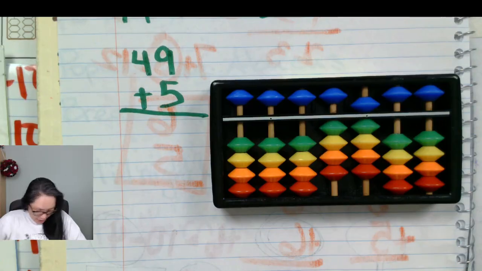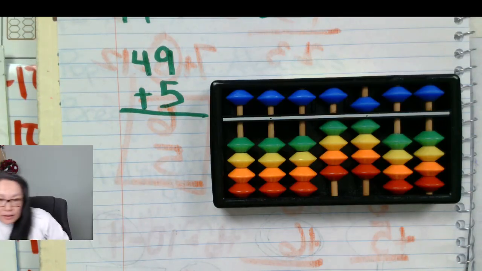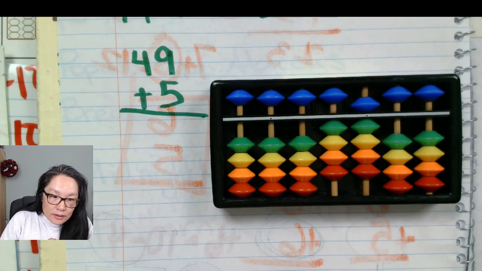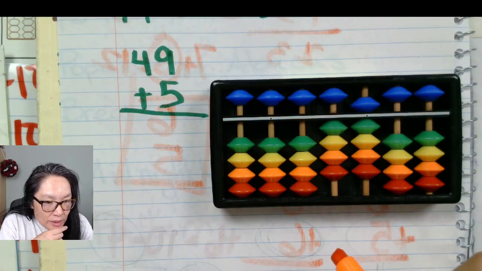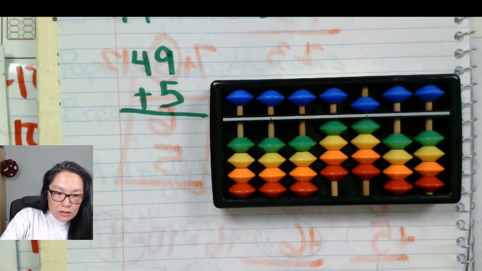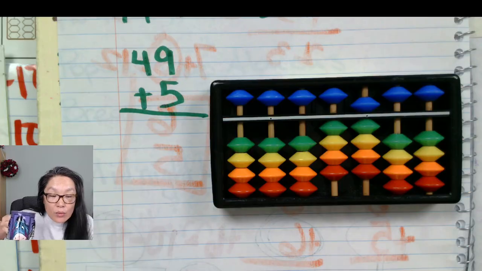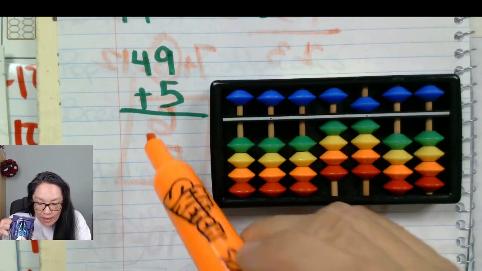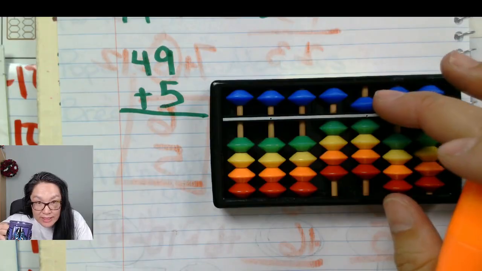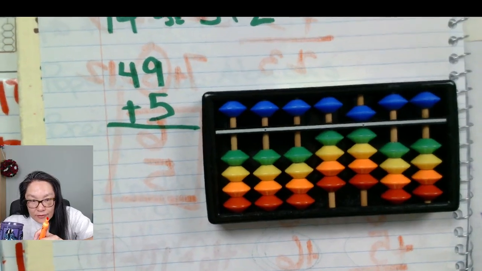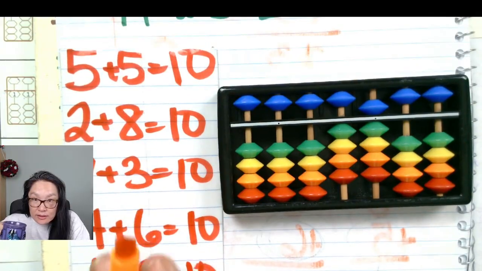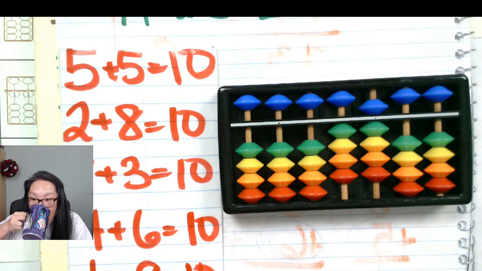We're adding right now. How do you make a 5? If I have not enough beads to add the 5, what is the formula? Do you remember the formula how to make a 5? So here is a hint. How do you make a 5 out of that?